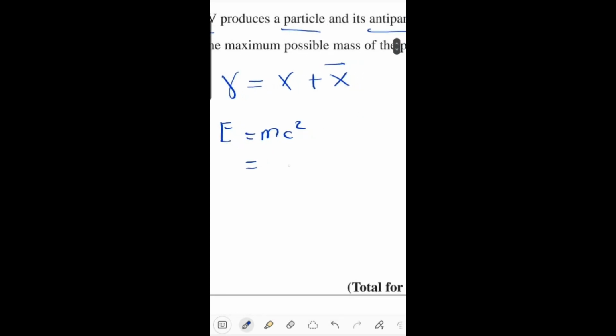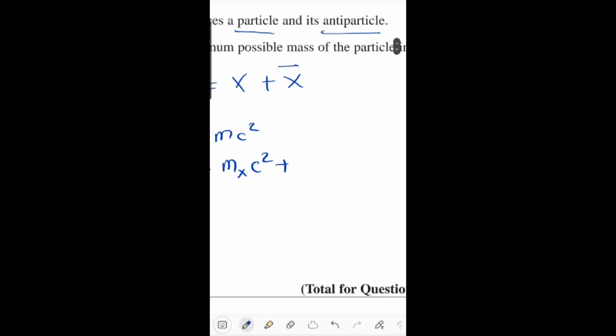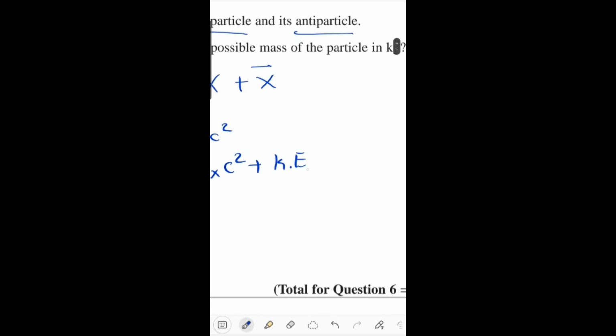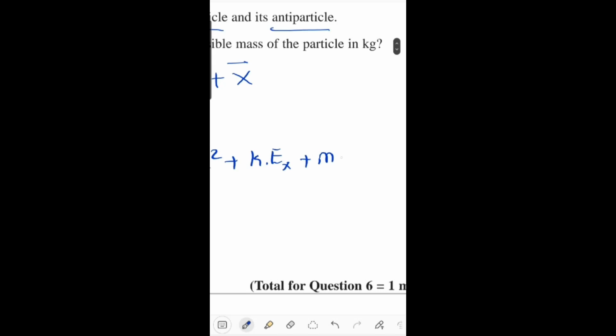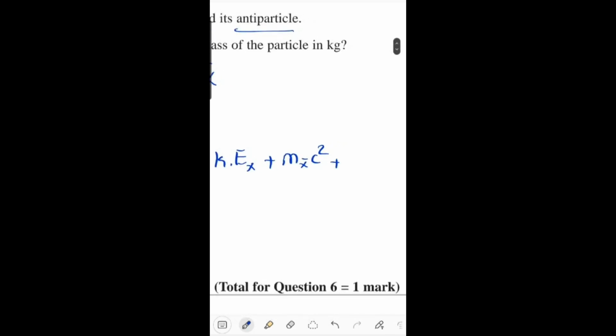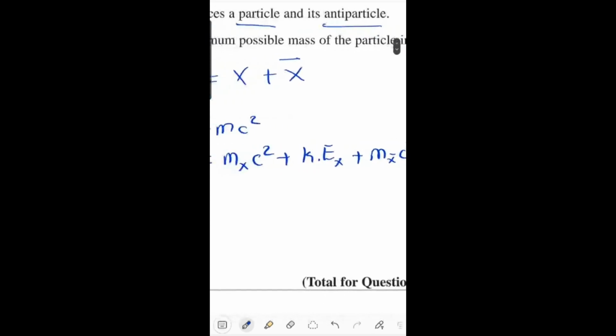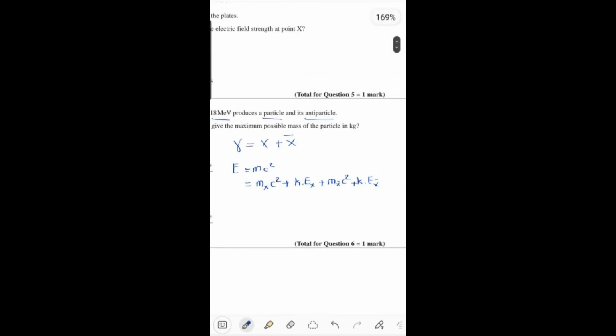So we're going to write this as m_x c square plus some kinetic energy in the formation, kinetic energy of x, and then m_x for the antiparticle, c square plus kinetic energy of the antiparticle. So now we will add them up.